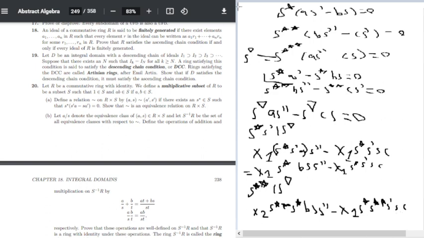And it looks like we might finally get somewhere. Oh my god, this problem is a notational nightmare.